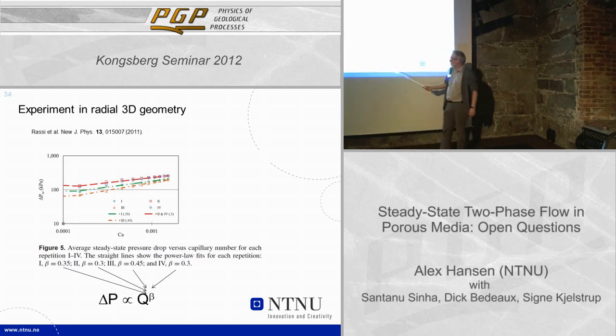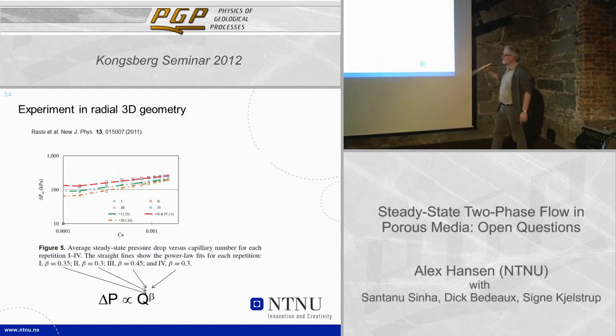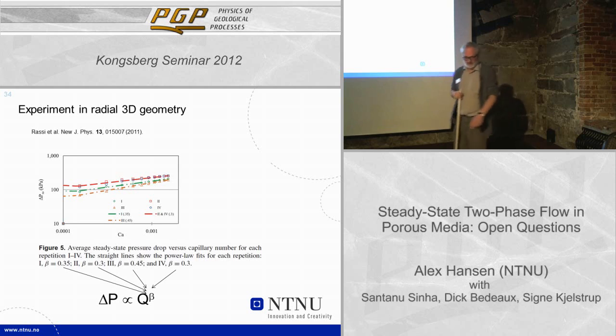Delta P goes like Q to the beta. But they find an exponent that varies with the saturation. So, it's very difficult to see any systematics in this, but I'll get to that. But anyway, remember this is now in 3 dimensions. The Måløy experiments, Tallakstad, they are in 2 dimensions in a different system.